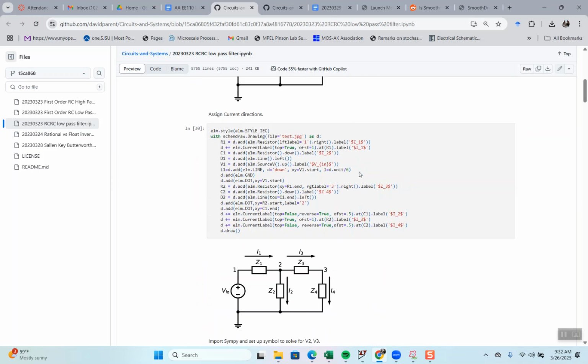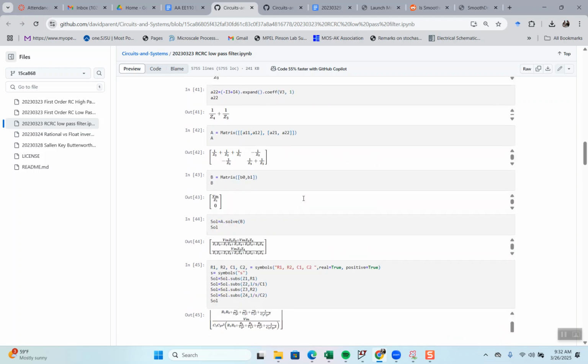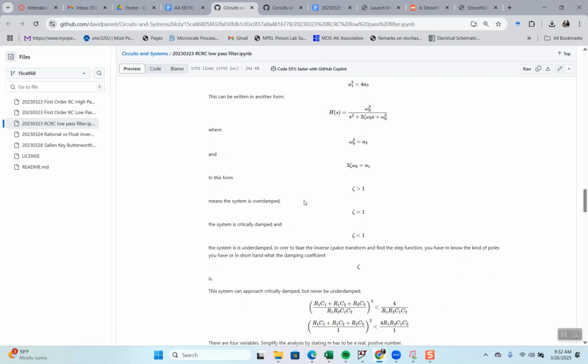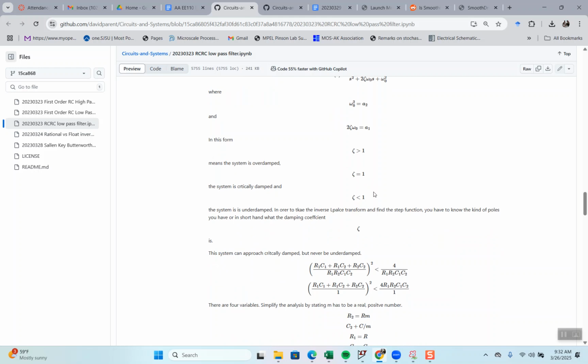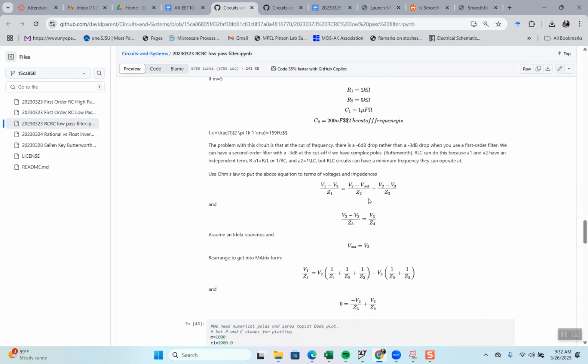Then I can go, because I want to design a circuit with a 1 cutoff frequency, but I got 4 variables. So what I do is I make one capacitor a ratio of the other, and one resistor a ratio of the other. And this is me proving that that circuit cannot be underdamped.